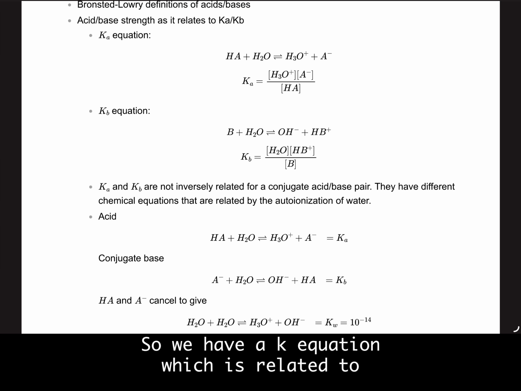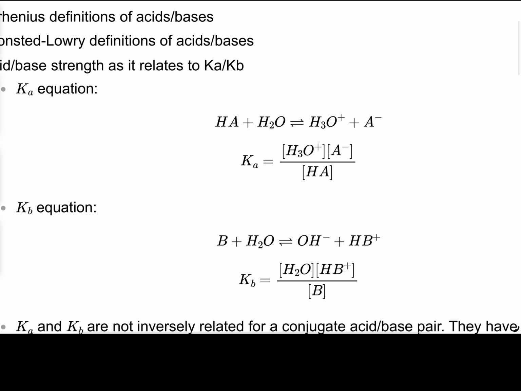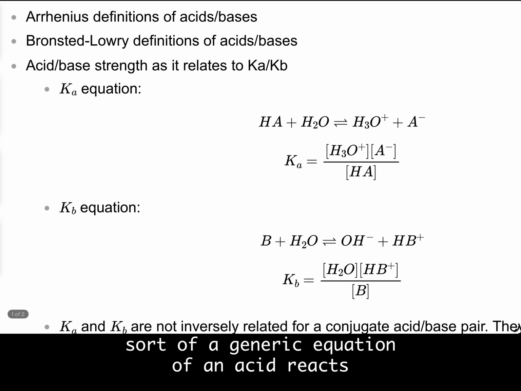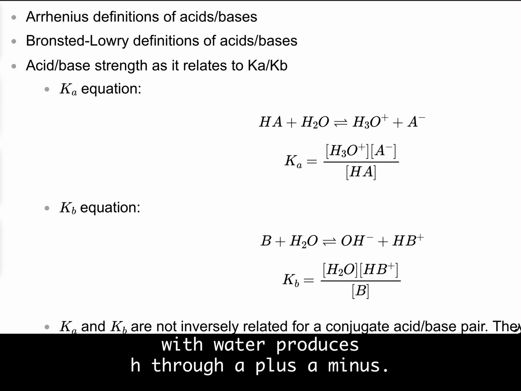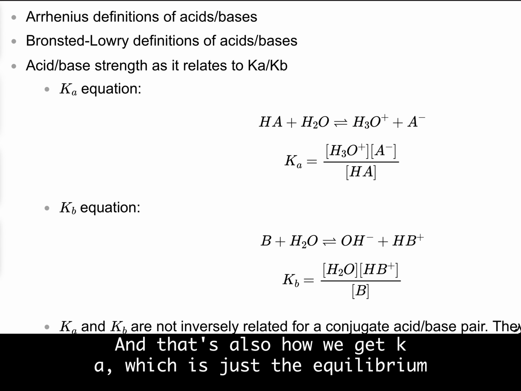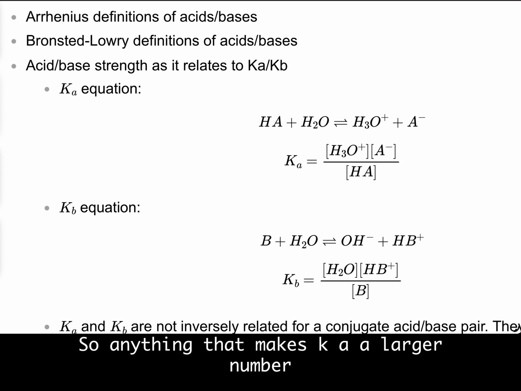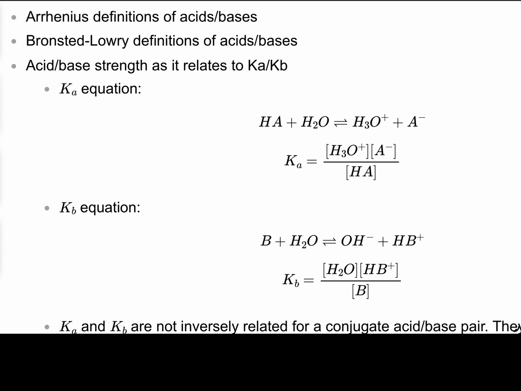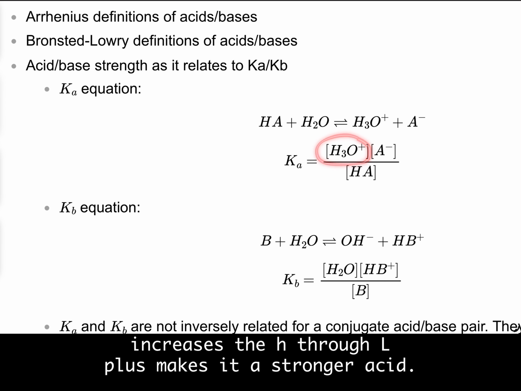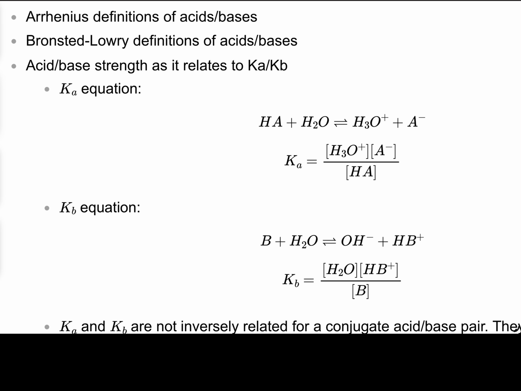So you have a Ka equation, which is related to a generic equation of an acid reacts with water, produces H3O plus, A minus. And that's also how we get Ka, which is just the equilibrium expression for that equation. So anything that makes Ka a larger number increases the H3O plus, makes it a stronger acid.